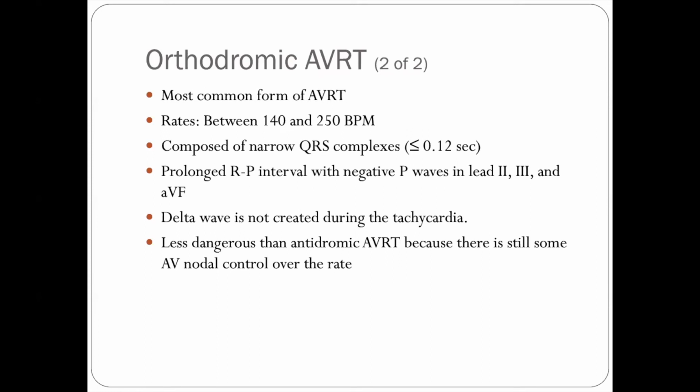And that is because we're getting into a situation where the P wave starts to become retrograde. We have the signal getting through the AV node, then it rounds out through the ventricles, and then from the ventricles up into the atria.